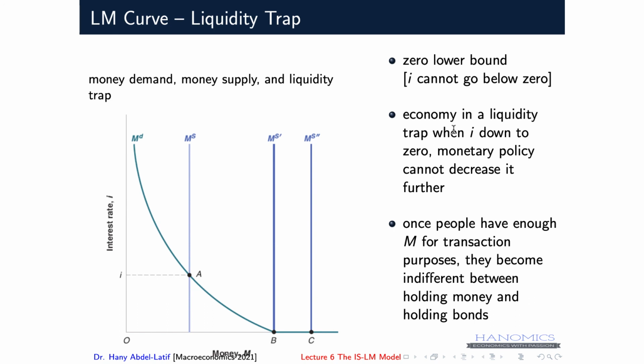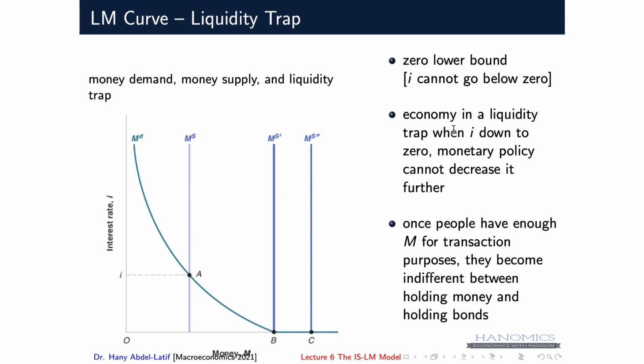Increasing money supply here, because the interest rate is zero, is not going to have any impact on the interest rate. Remember, when the central bank increases money supply, it does that through open market operations. So they basically buy bonds and pay for these bonds by creating money. As the interest rate is zero, people are indifferent to how much money or bonds they want to hold.